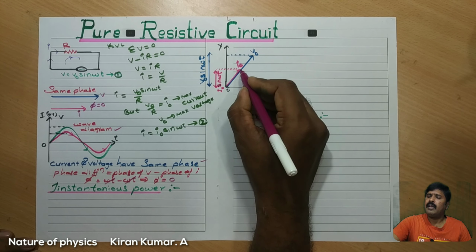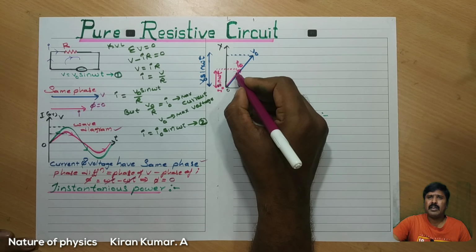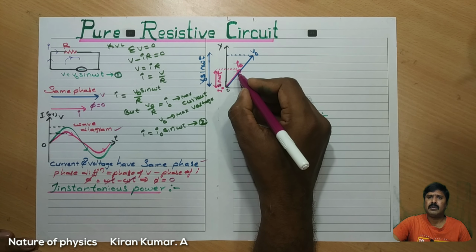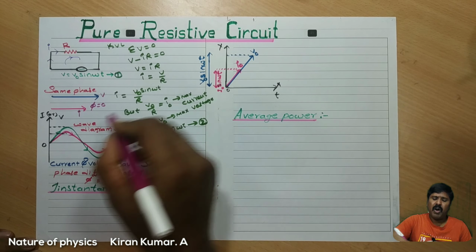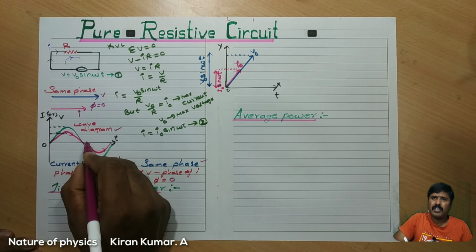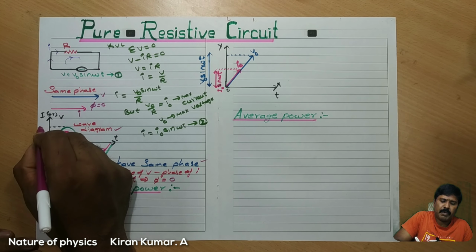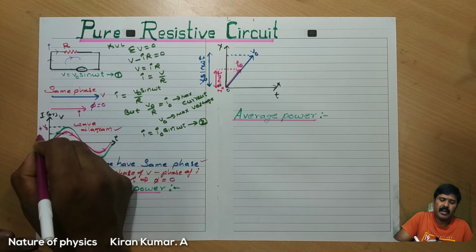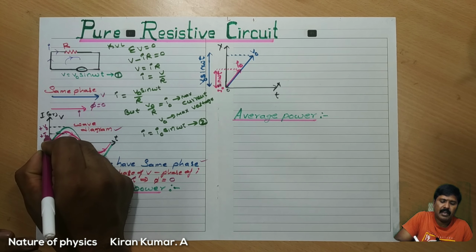See there clearly, as voltage increases, current also increases, students. But there is a small difference between the current and voltage, students. Voltage is plus V naught, written here, and current is represented as plus I naught, students.